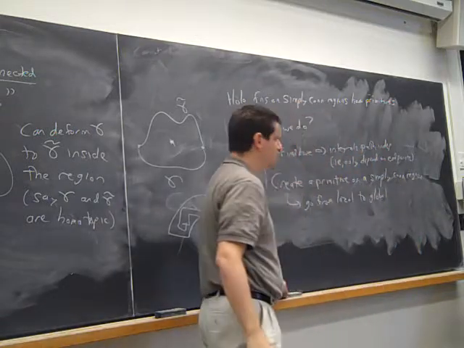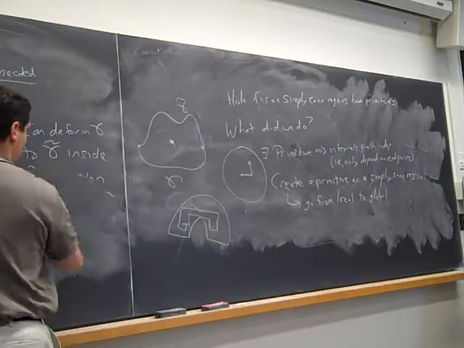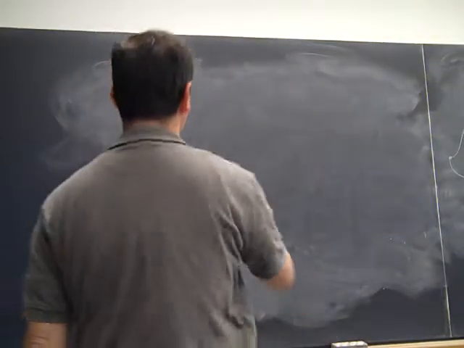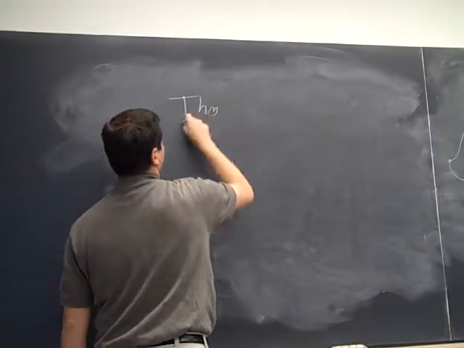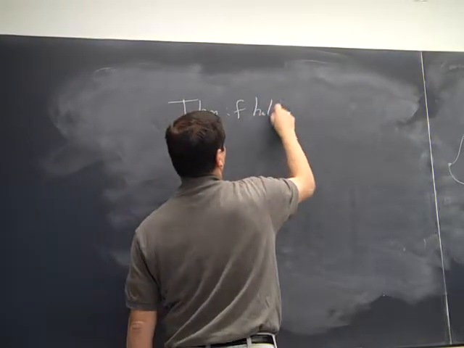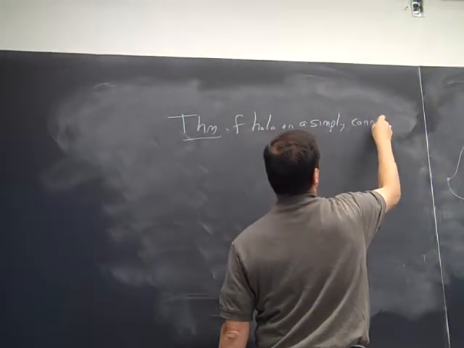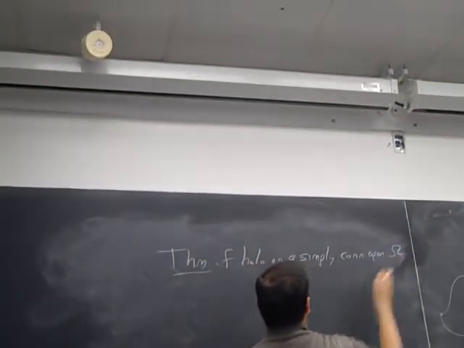What we want to do is start building up our primitive just with local information. And so I'm just going to state the main result. I'm not going to go into the proof. The proof uses just some basic topology, but this is not really a prereq for the class. And so the theorem: if f is holomorphic on a simply connected open set omega, then f has a primitive.